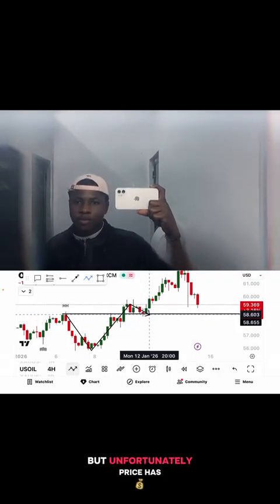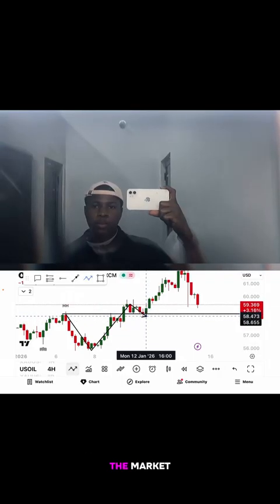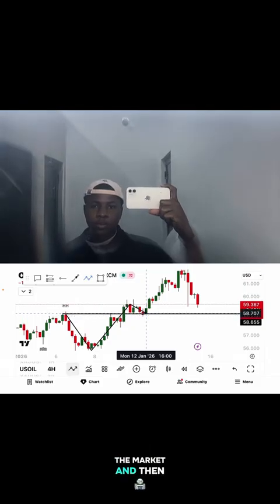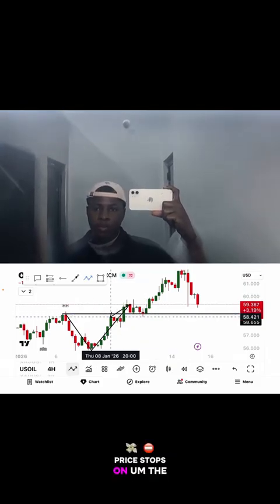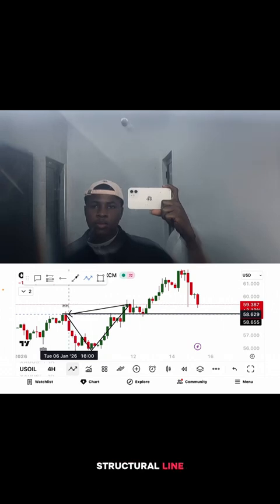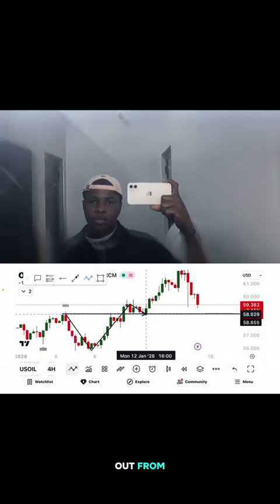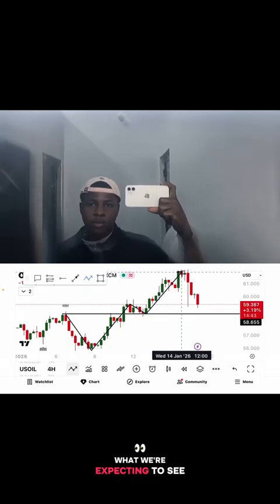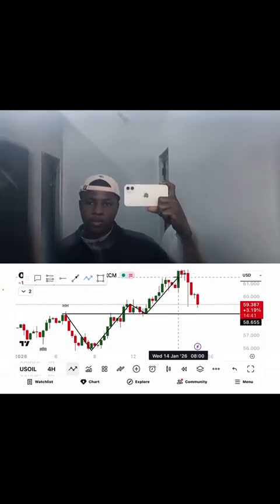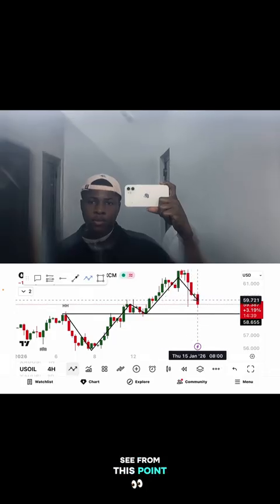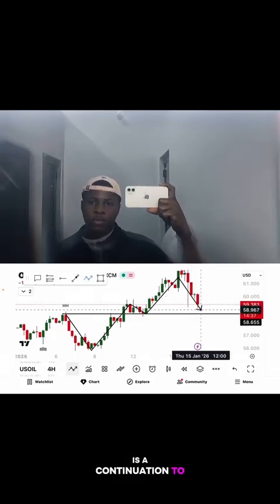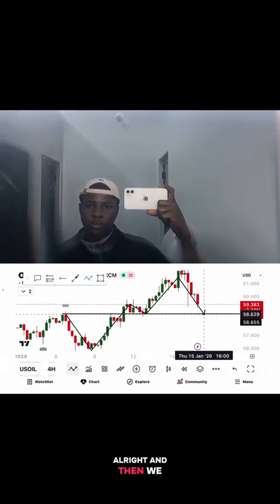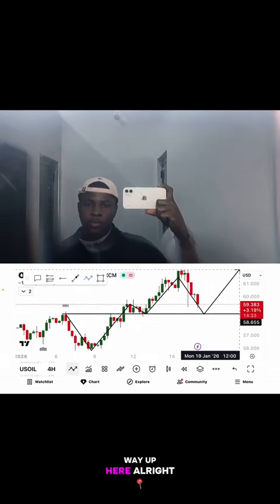But unfortunately, price has a new domain in the market, a new boss is in the market, and price stops on the structural line it broke out from, and then we see a new bias coming into the market. What we're expecting to see from this point is a continuation to this line, and then we take price all the way up here.